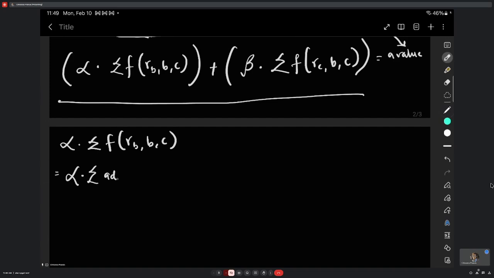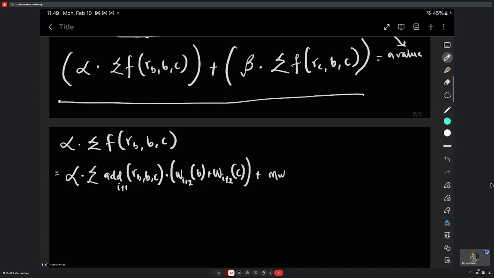So add_{i+1}, right? The summation is still the same. It is that f that you are replacing with this expression, r_b, b, c. Okay, so r_b, b, c, times W_{i+2}(b) plus W_{i+2}(c), right?